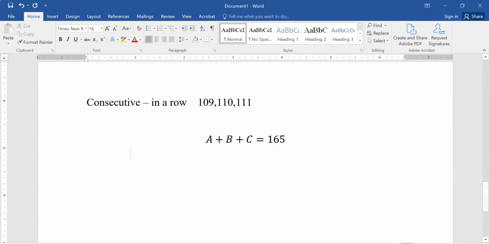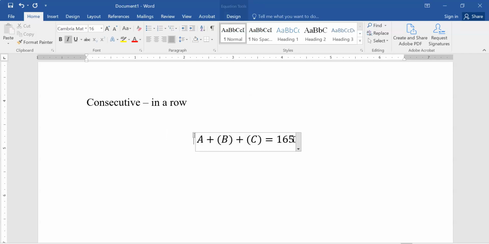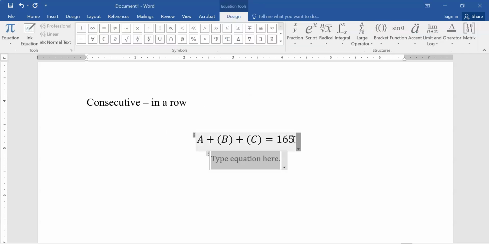So the relationship comes from the fact that I can replace this B and this C with expressions of A. Let me explain again.